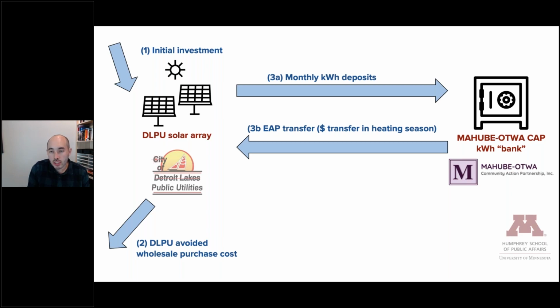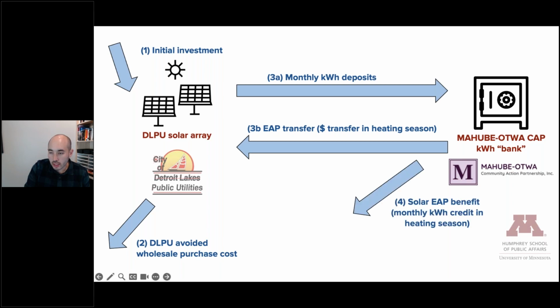And the utility will receive back transfers from energy assistance just in those heating months. So we have this accumulation of kilowatt hours over the entire year as solar is generating, and then the transfers of energy assistance in the heating season.